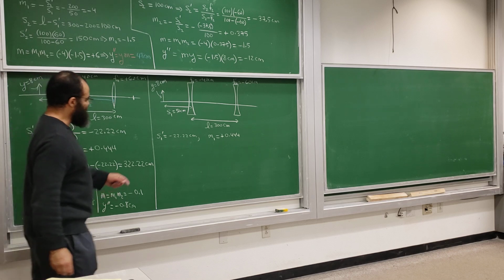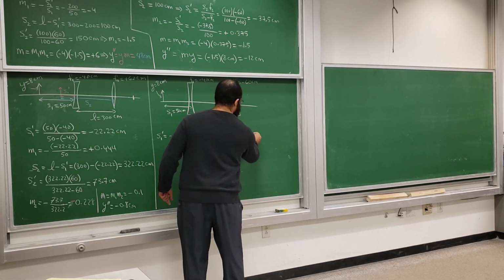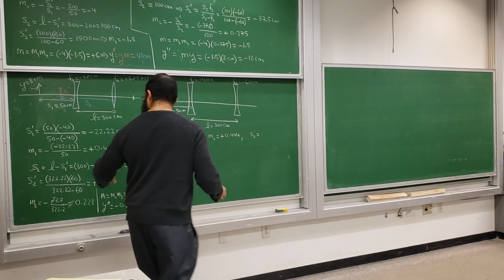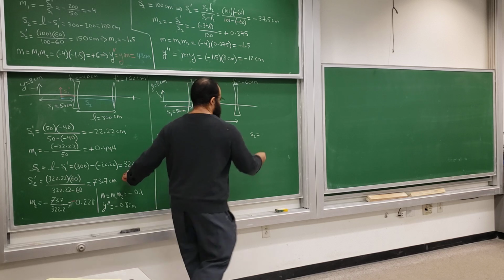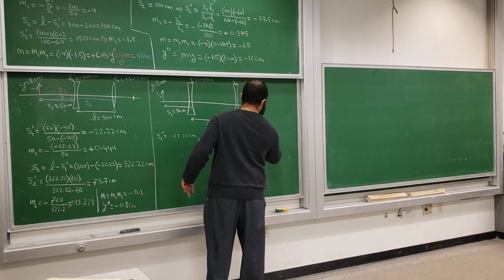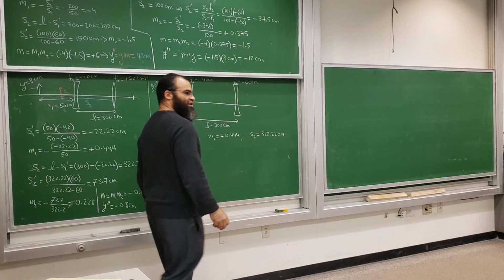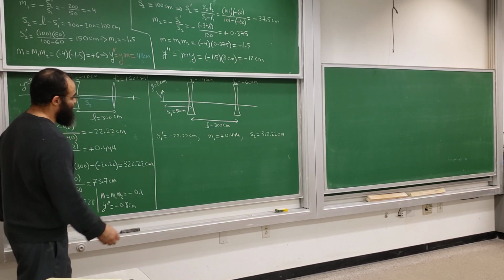Again, all this stuff doesn't change: S1 prime, magnification, and also S2. S2 is still going to be 322.2 centimeters. So now what changes is we need to plug it in here to find S2 prime.